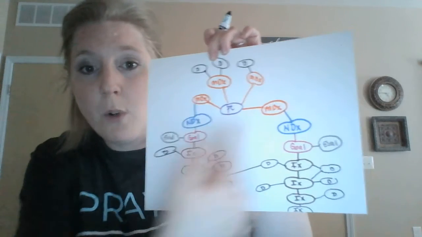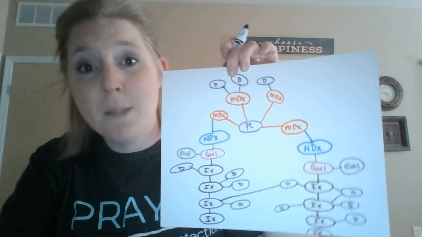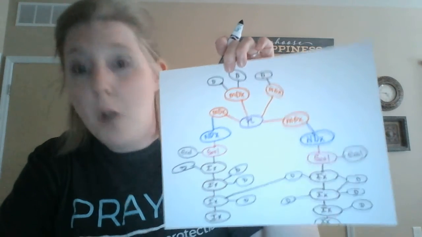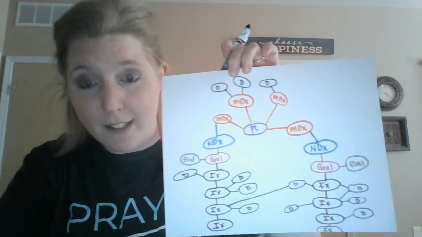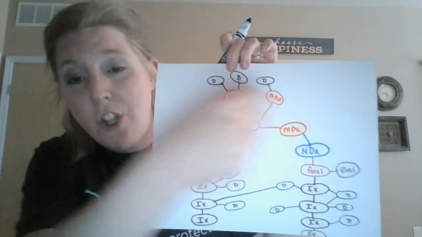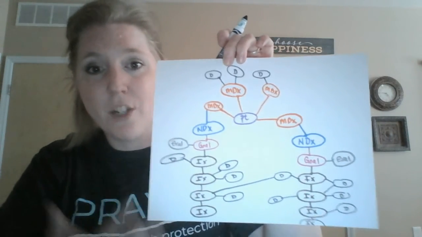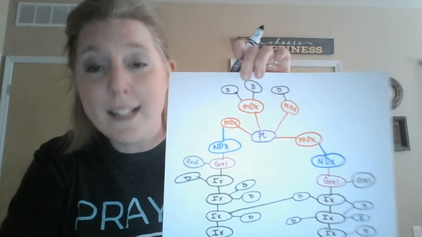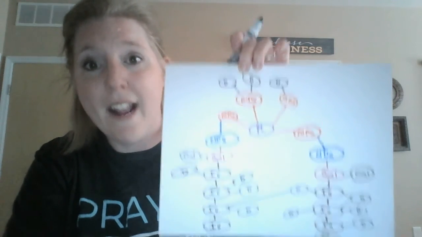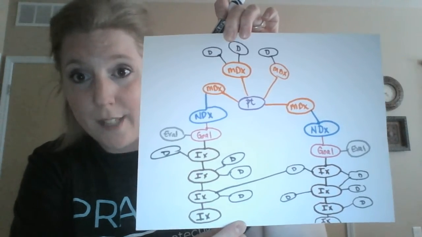Some of these are going to have multiple links that come off of them, and that is because human beings are complex. We were made as complex beings. So you're going to have more than one line. Okay. And that's okay. But we're looking to see, do you understand the connection between everything that's happening with your patient and why it's happening? And can you critically think through that?